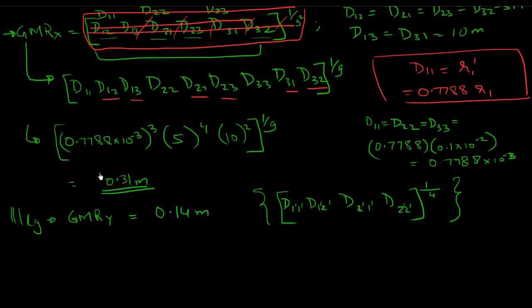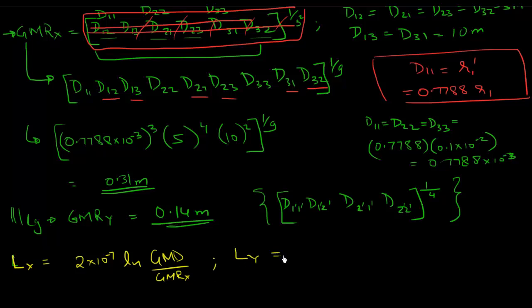So now we have our values of GMD and GMR. Now we can plug them into our formula. L of x is equal to 2 into 10 to the power minus 7 ln of GMD over GMRX, and L of y is equal to 2 into 10 to the power minus 7 ln of GMD over GMRY.